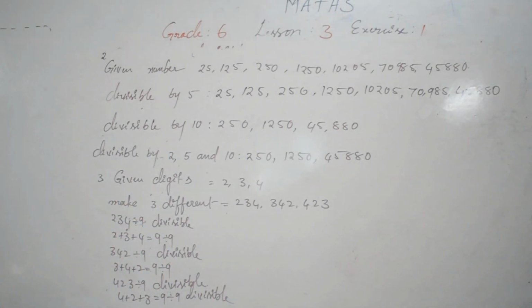Next, fourth one. Write different two-digit numbers using these digits. Check whether they are divisible by 2, 3, 5, 6 and 9. This is like the third problem.